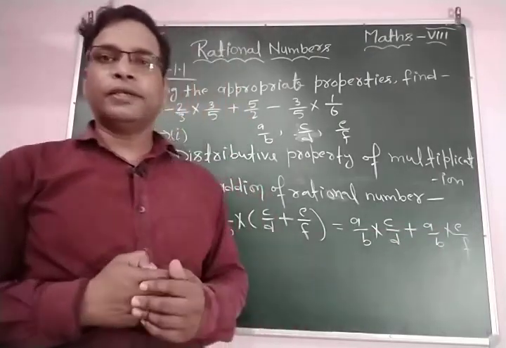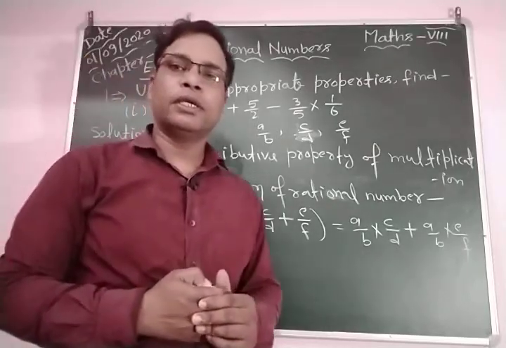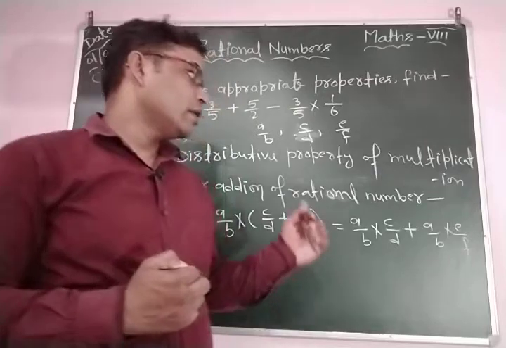This is called the distributive property of multiplication over addition of rational numbers.